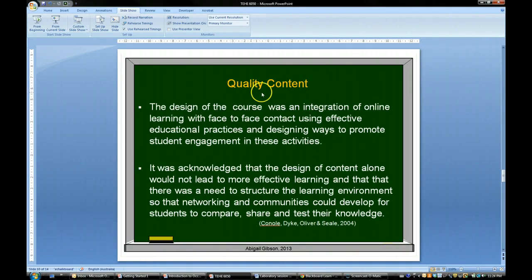Another important element, I believe, in being able to teach effectively in a blended learning context is making sure that the content of what you're teaching is relevant and interesting. So what I've tried to do is integrate online learning, but also retain face-to-face contact.